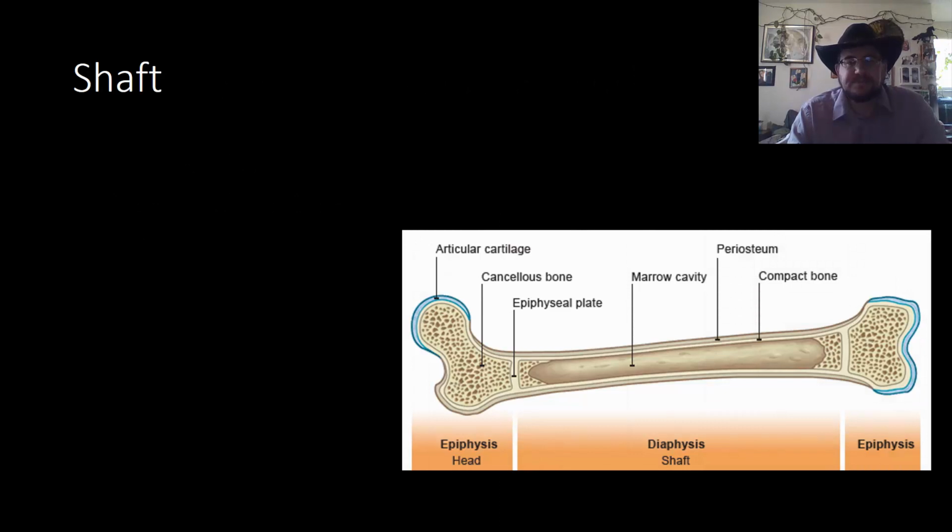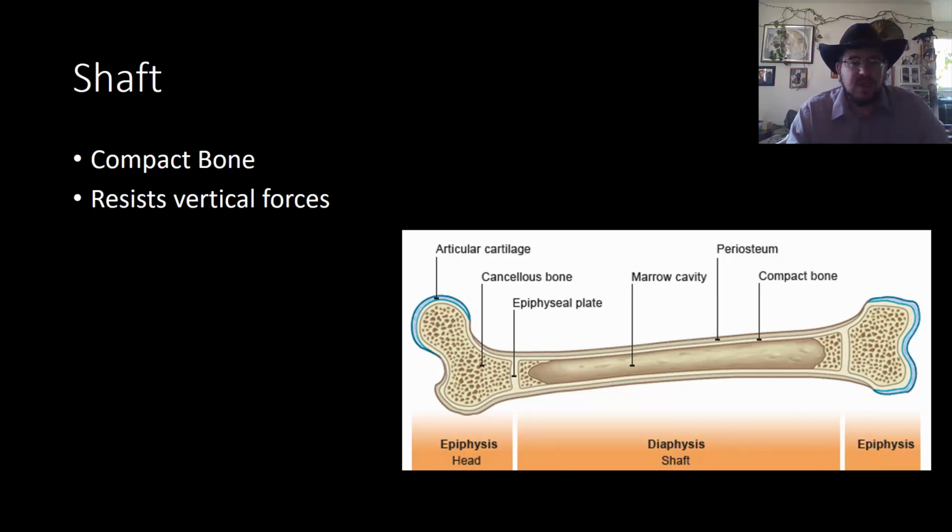All right. So again, break it down. The shaft is lined with compact bone, and this allows it to resist vertical forces quite well. So the outer part of the shaft is lined with compact bone.